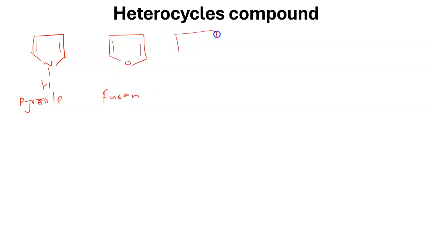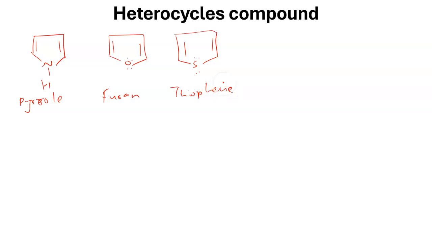And the third very important structure is thiophene. If you see the valencies of each heteroatom, nitrogen always has 3 bonds. So 1, 2 and 3, there are 3 bonds. Oxygen will have 2 bonds and sulfur will also have 2 bonds. So the valencies are completed and it has double bonds. This structure is called thiophene.